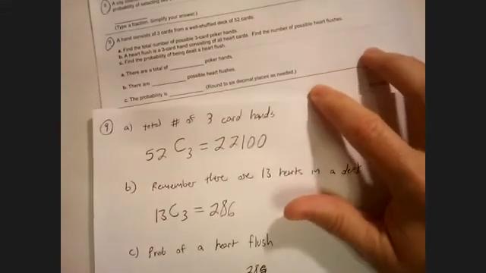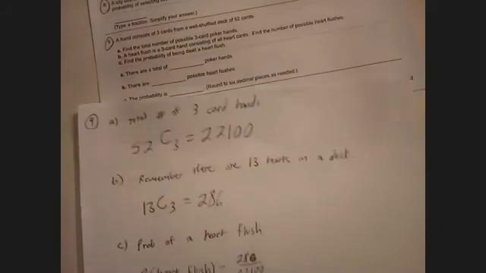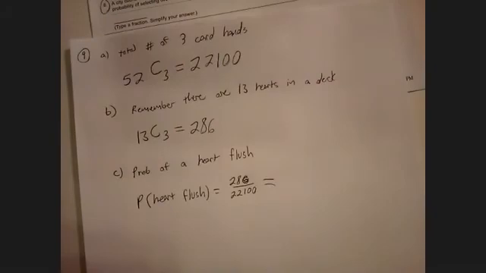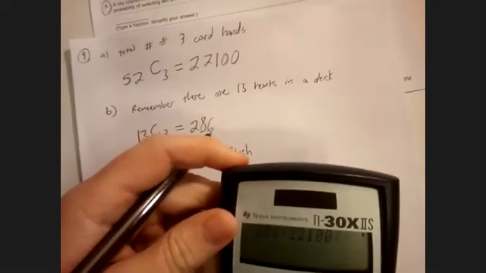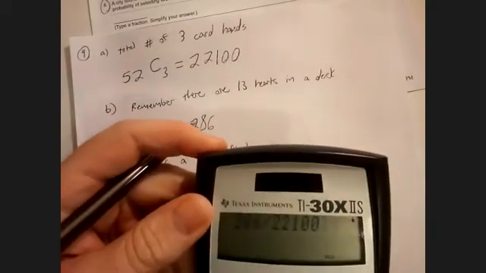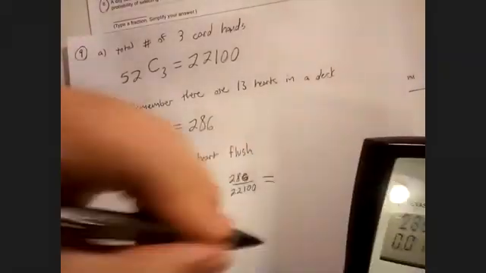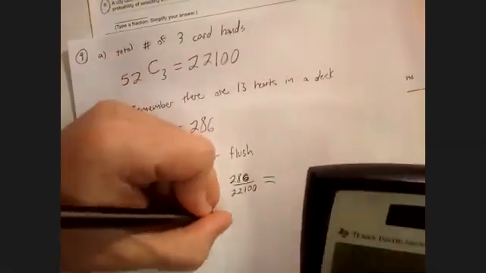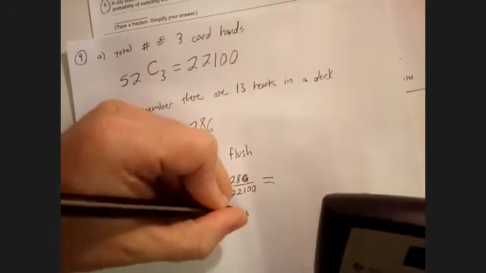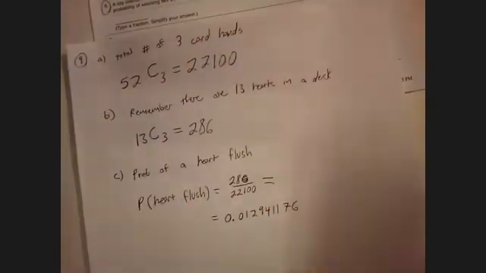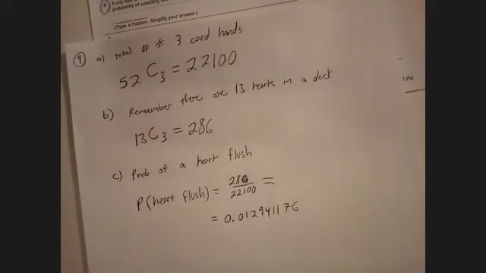In this one, notice they want you to round to 6 decimal places, which means I don't have to simplify my fraction. 286 divided by 22100. I'm going to write out this decimal: 0.012941176. That's what I got on the calculator.